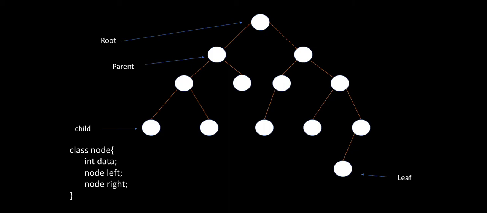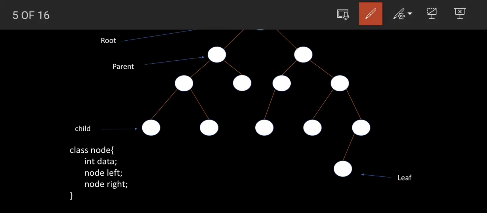We have here the parent, the child, and here the child is also a leaf node. This here is considered a subtree of the root or the tree. Also this is considered a subtree of this node.